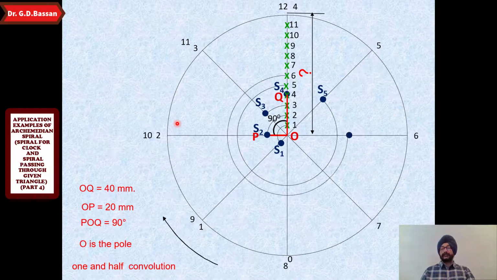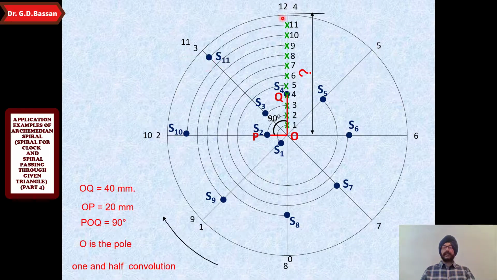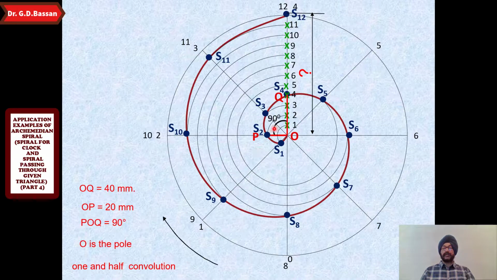We can get S5, S6, S7, S8, S9, S10, S11 and S12, which will be the last point of your final radius vector, which is 120 mm away from the pole O. Join all these points with a smooth curve.